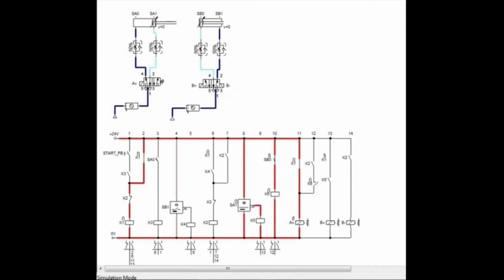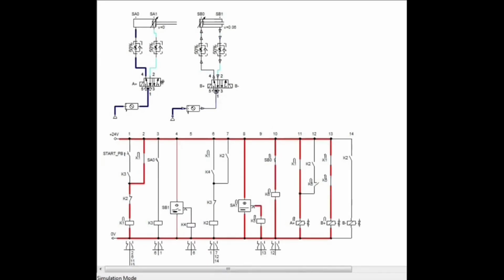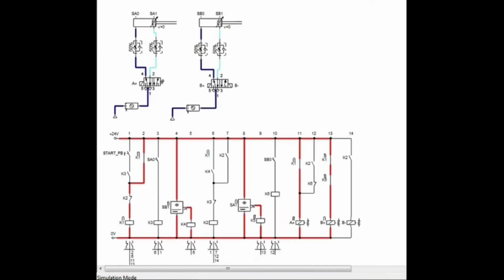K1 will allow current to the solenoid valve A plus and energize the solenoid coil. A plus at the 5 to 2 way valve will actuate and allow airflow to the cylinder. Cylinder A will extend, and when it is fully extended, proximity sensor SA1 will activate. K5, which represents SA1, will allow current flow to the solenoid valve B plus and energize the solenoid coil.